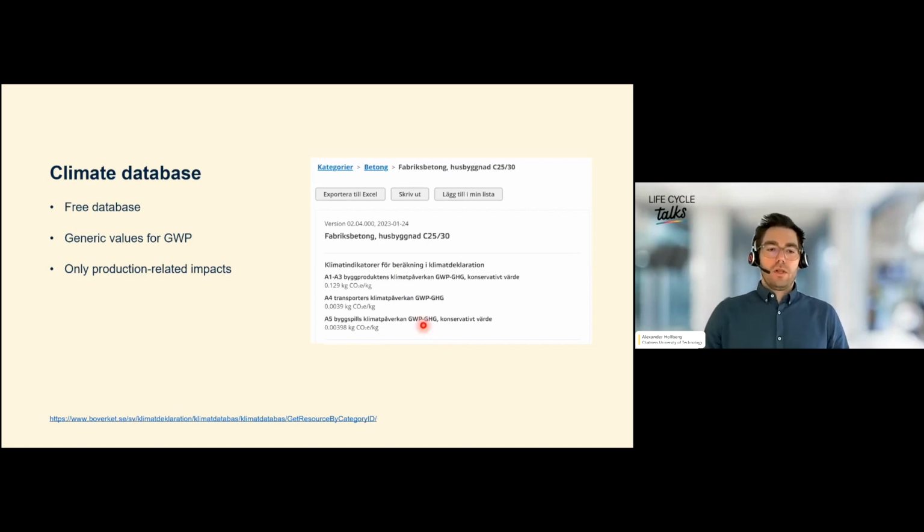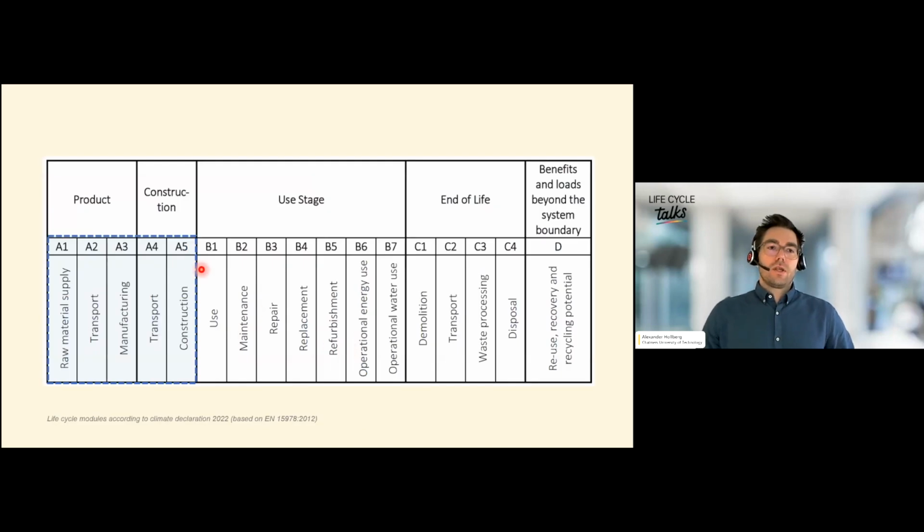So if you're familiar with the European standard, you might recognize these life cycle modules, A1 to A5. This means these are the stages of the life cycle that are related to the production of the material and also the construction process.